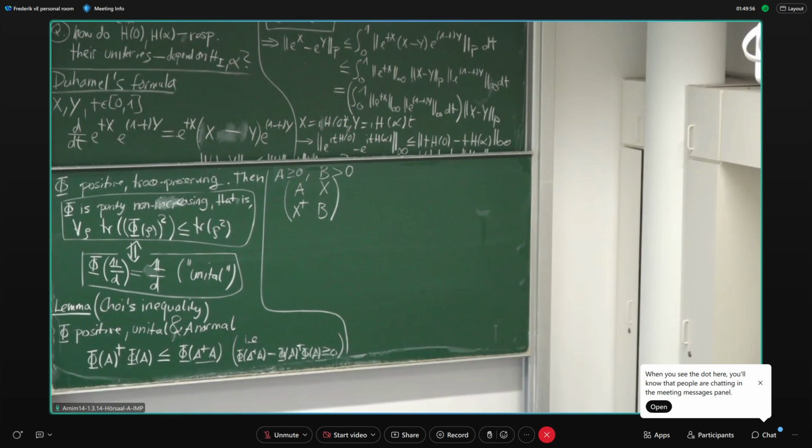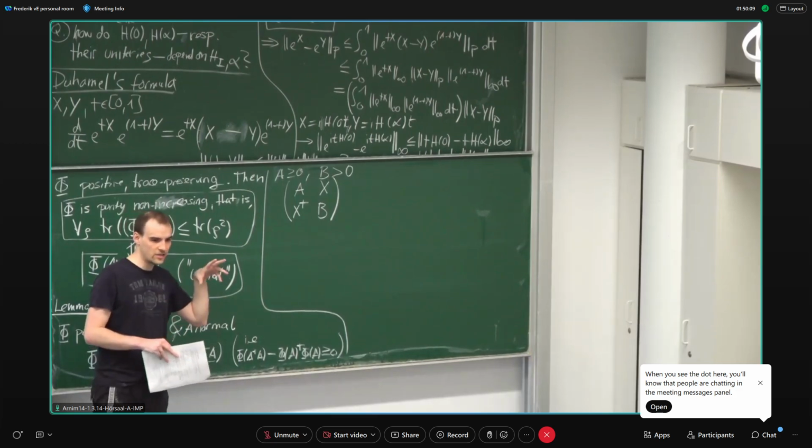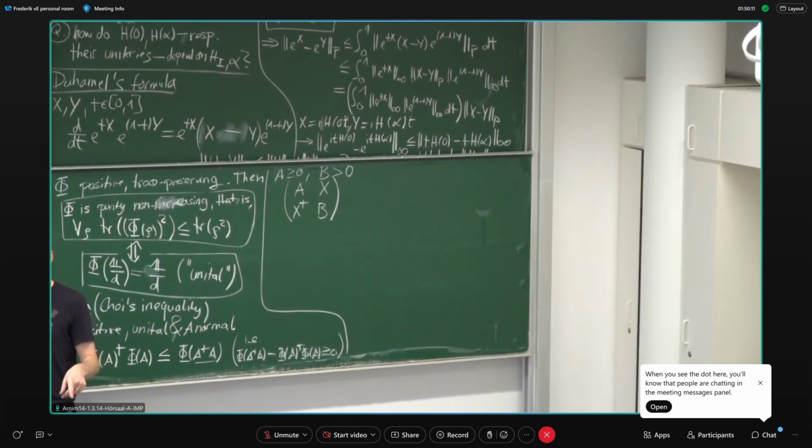So if you have a map which is specified on all positive operators, then it's specified on the whole space, because you can decompose every matrix into a linear combination of 4 positive matrices.